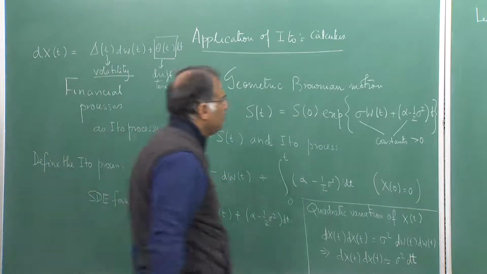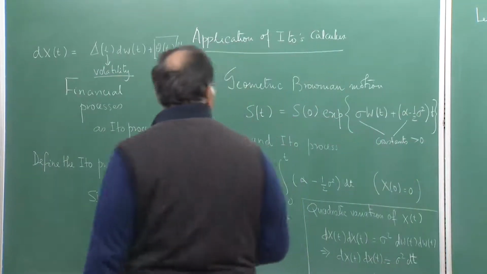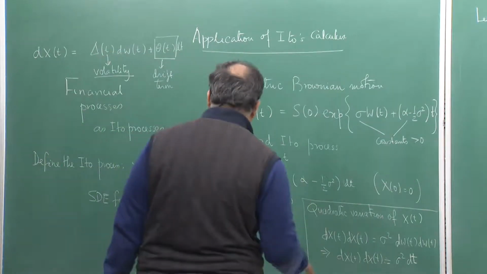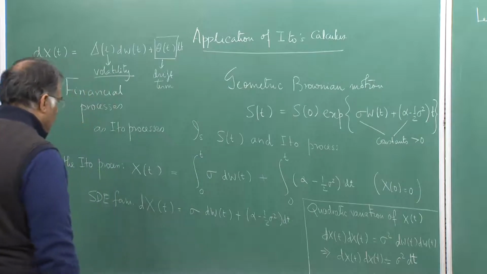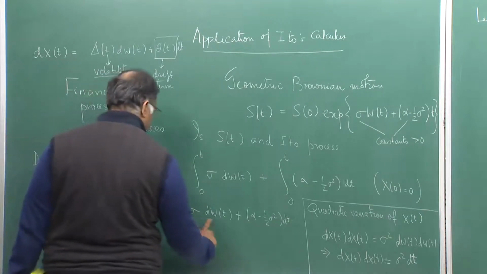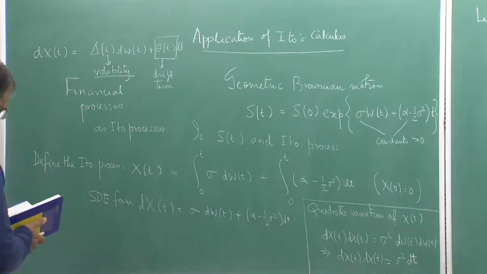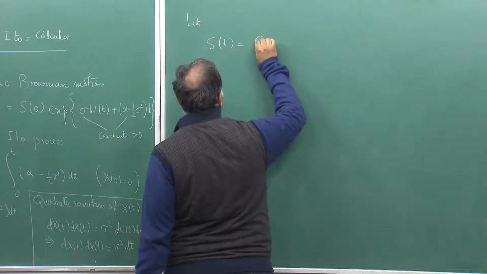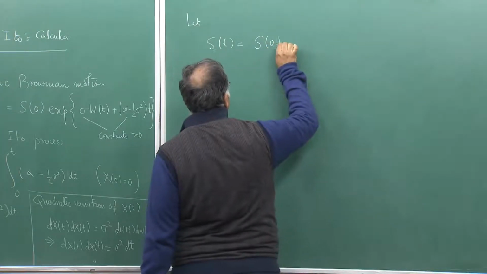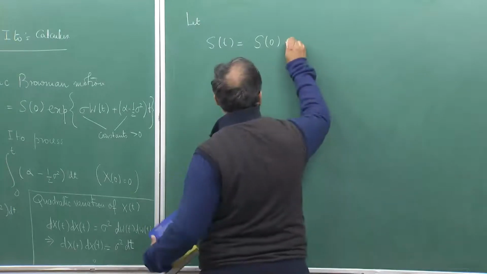Let me write it down more carefully. Let me define the asset price as S0 times e to the power X_t.